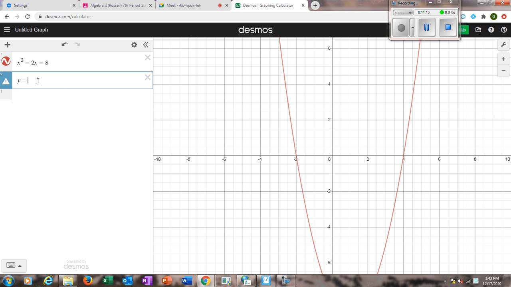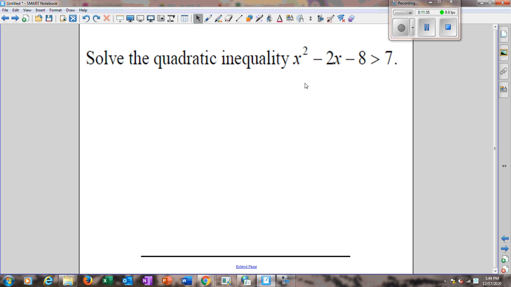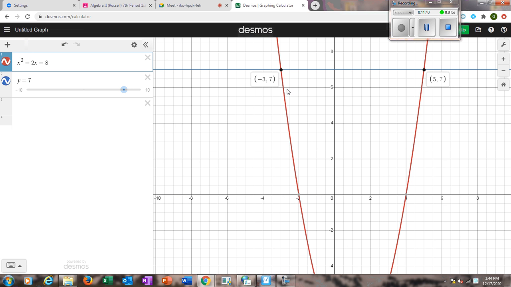And then to set an equation y equals 7. And see where they cross. Negative 3 and 5. I'm looking for where our quadratic is greater than 7. So that would be everything from negative infinity up to negative 3 and stopping, and then from 5 to positive infinity.